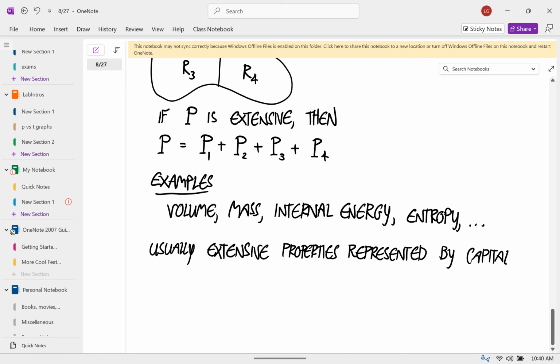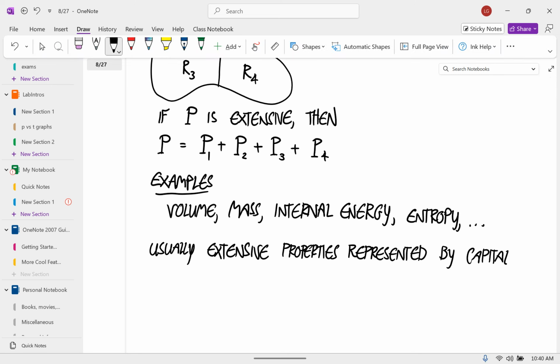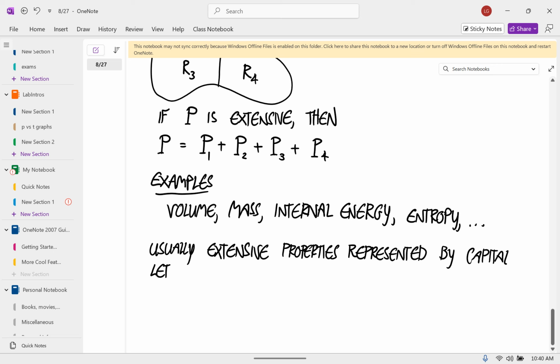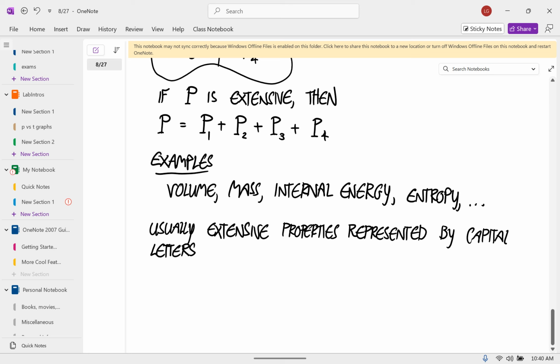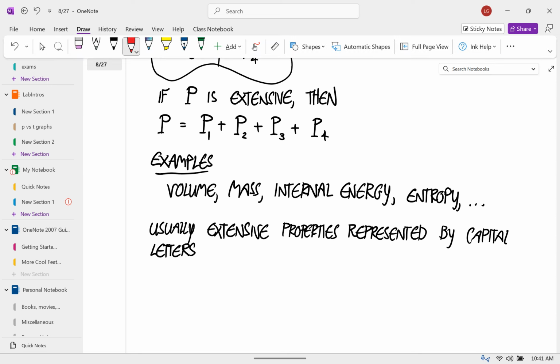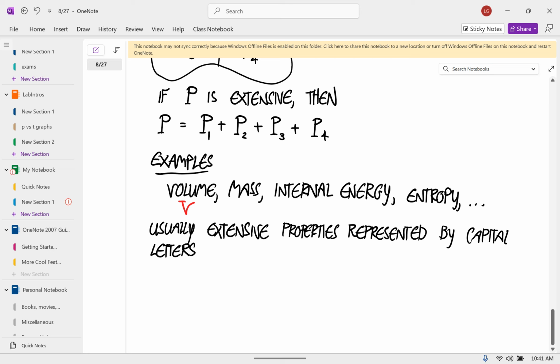Sometimes it seems to do this little thing where it stops recognizing the pen. There we go. Usually extensive properties are represented by capital letters. So for example, volume is capital V, internal energy is capital U, entropy is capital S. But mass is the one that's different.